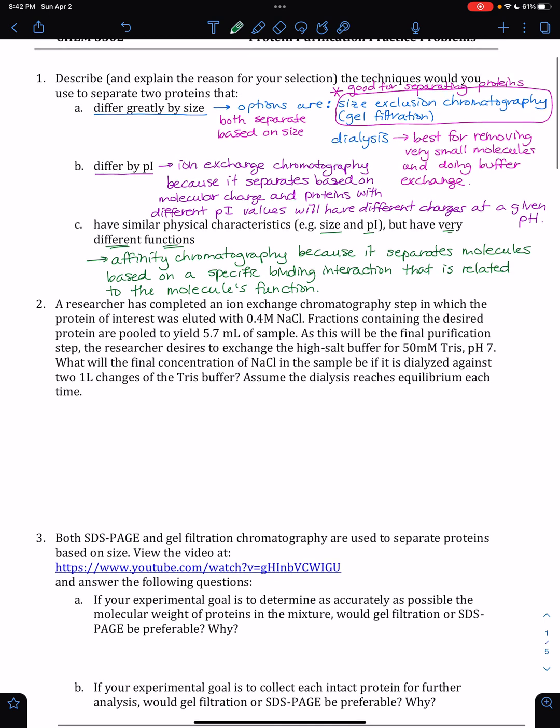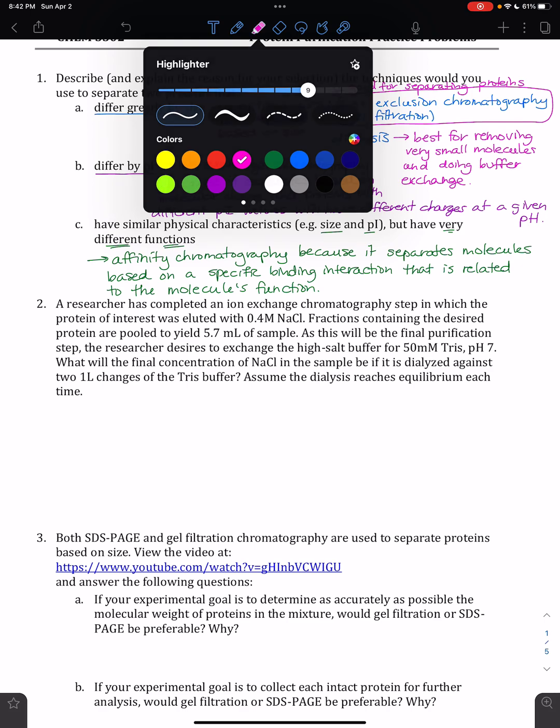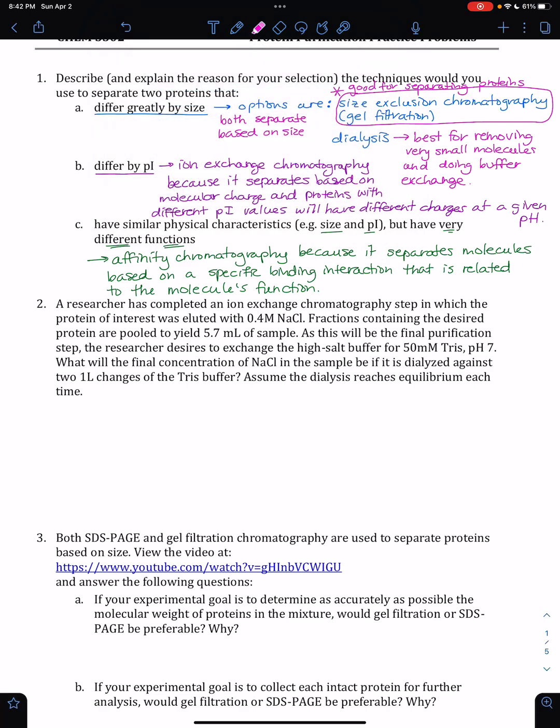All right, question number 2, I'm going to switch to the highlighter, and we're going to highlight the information that we need out of this scenario. So, in this scenario, a scientist has done ion exchange chromatography, and they eluted the protein.